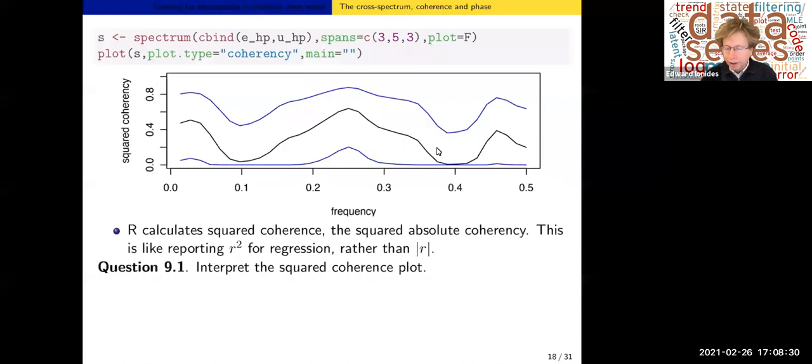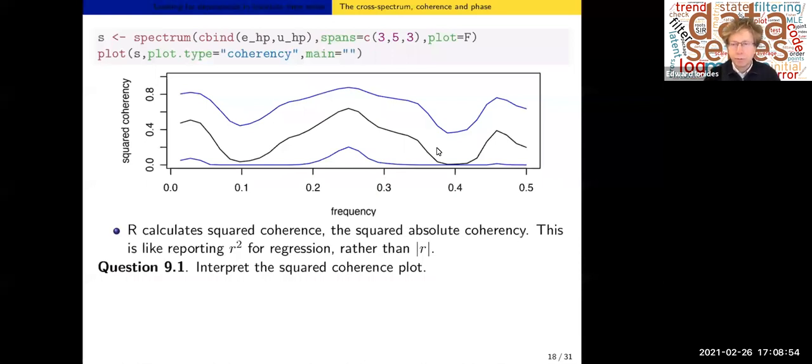And interestingly, this is around the length of a business cycle. We are not going to get too technical about that.